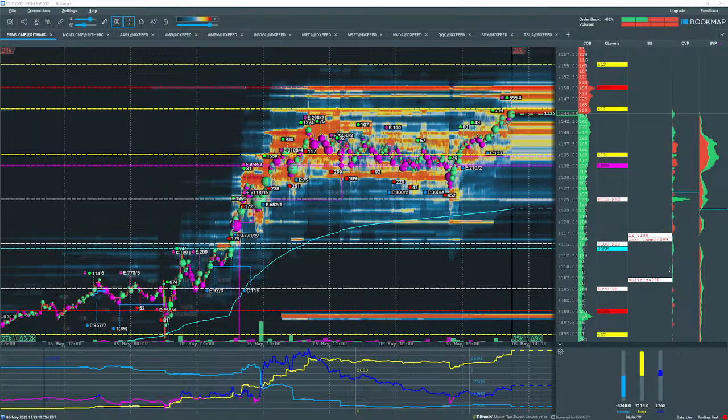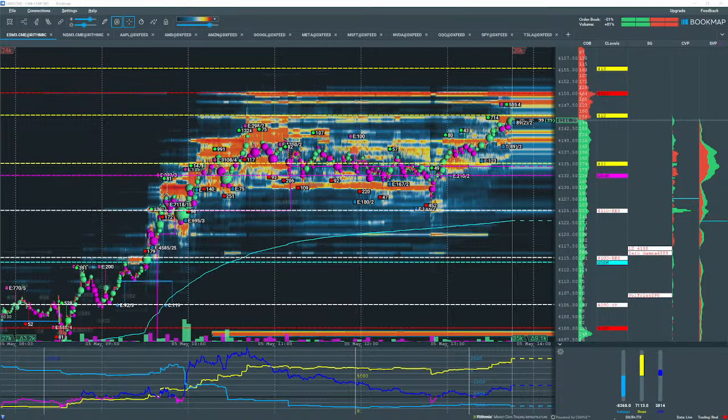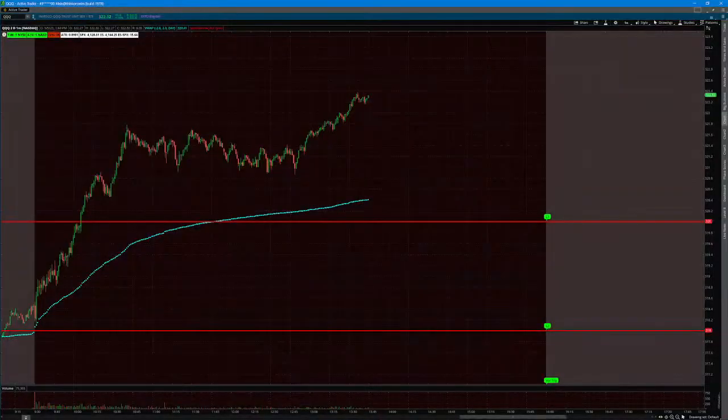All right, so that's the S&P 500, and let's take a look at NASDAQ now. And for NASDAQ, I'm going to take a look at QQQ. And this is just a 1-day, 1-minute chart showing the levels that are in play for today.